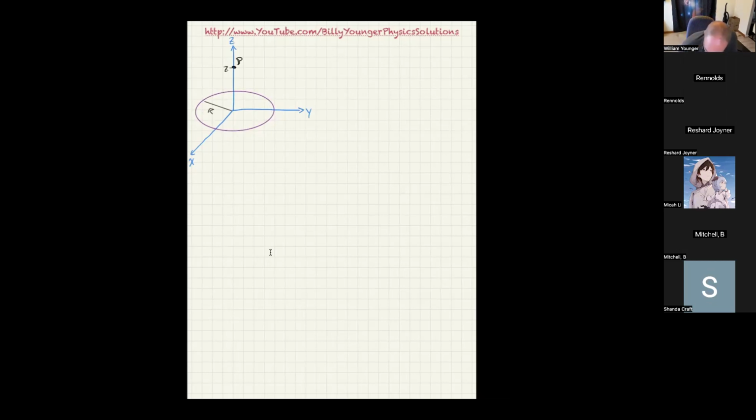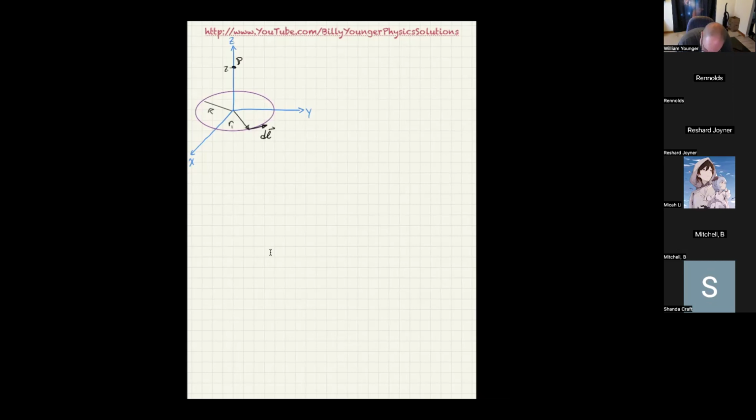Now, what we can do is imagine a little differential element right here. I'm going to draw it in black. So that's my dL vector. Now, technically, this would be the r_dL vector, which you don't necessarily need.